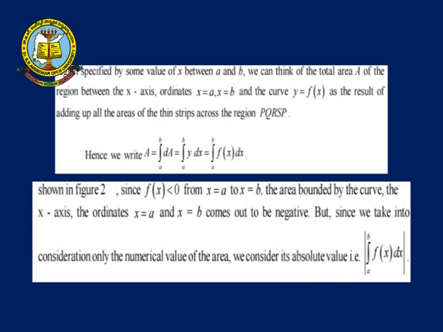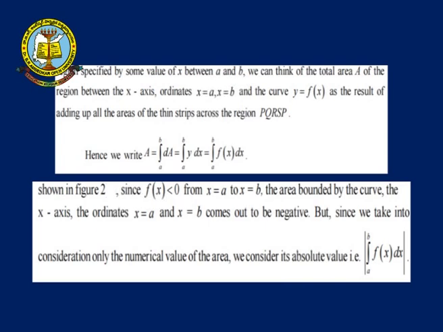Now, I am going to find the area of a simple curve where f of x is less than 0. There also the interval is a to b; that is the area bounded by the curve, the x axis, and the coordinates x equal to a and x equal to b, which comes out negative. Since we consider the numerical value of the area, we take the positive value, that is the absolute value of integral a to b f of x dx.